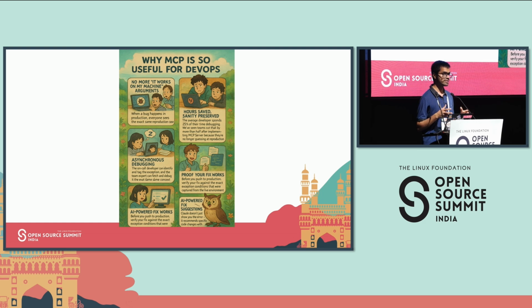And developer productivity, especially for DevOps teams, is highly critical because you don't want half of your DevOps team trying to debug naive issues that could have been automated with the help of AI.